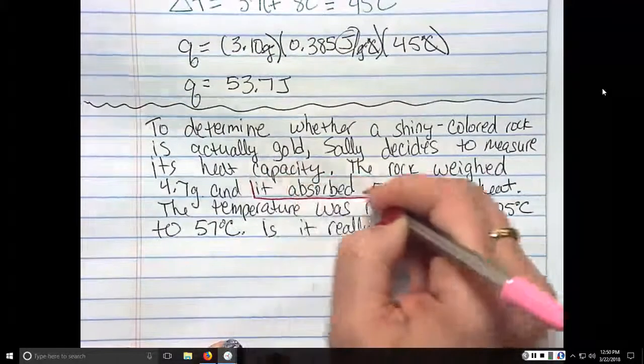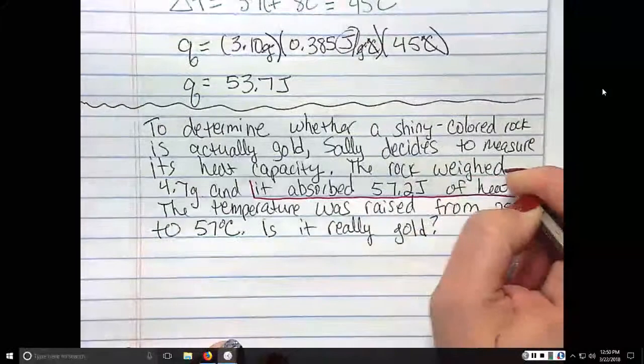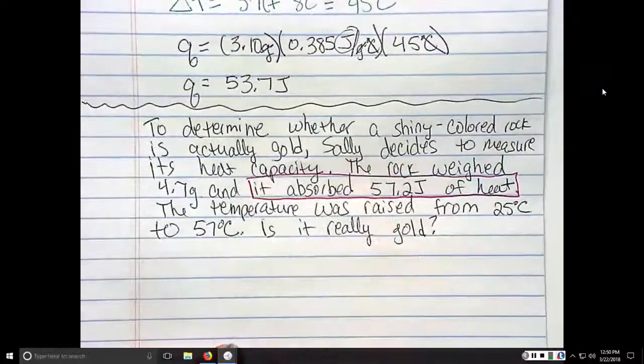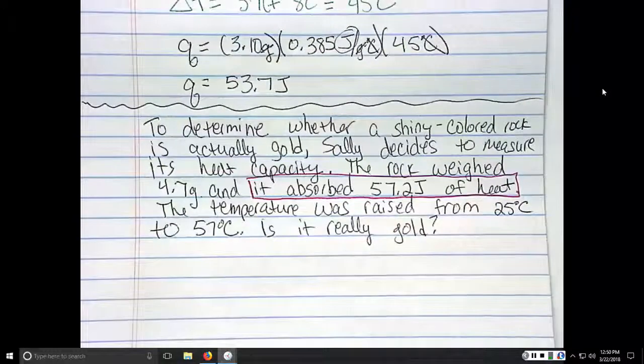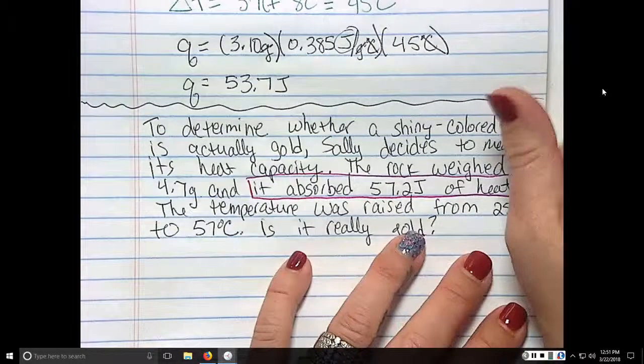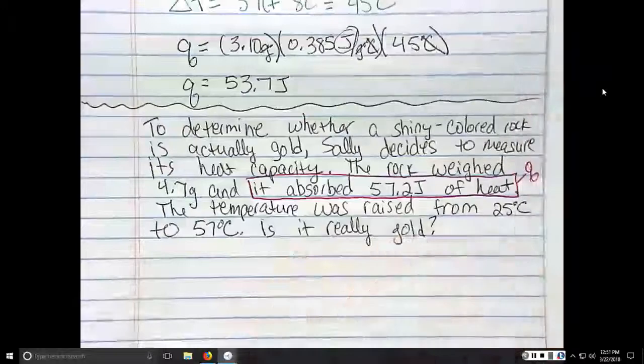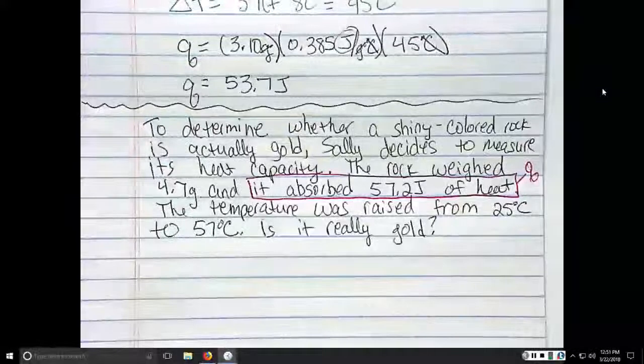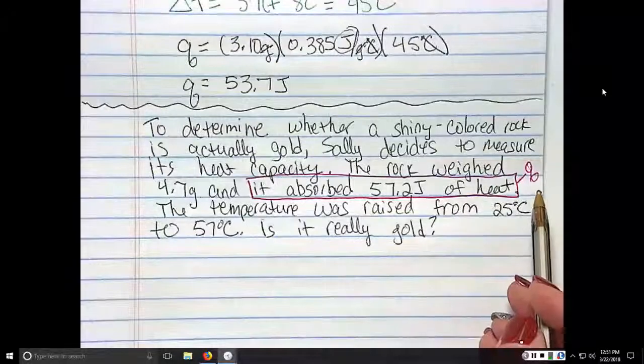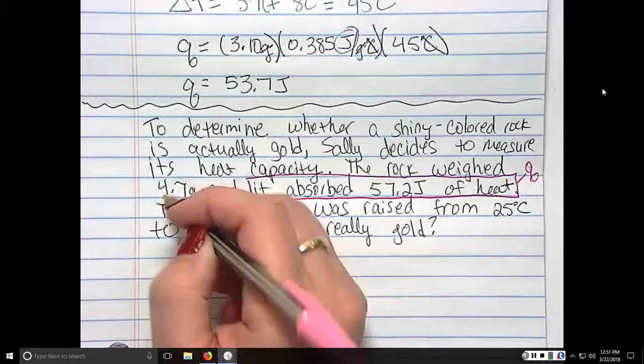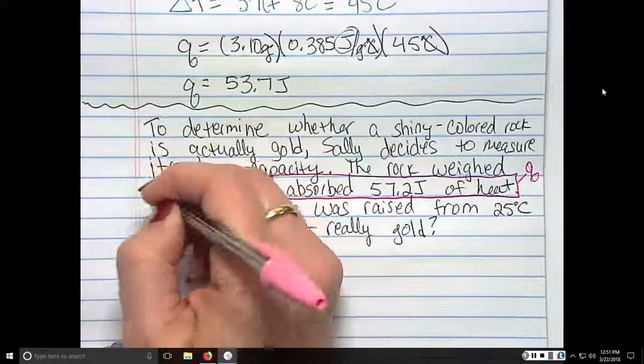It absorbed a certain amount of heat. What that means is that is the heat capacity. When it says it absorbs heat, that is Q. So you don't have to find that. We have Q. We have the mass.